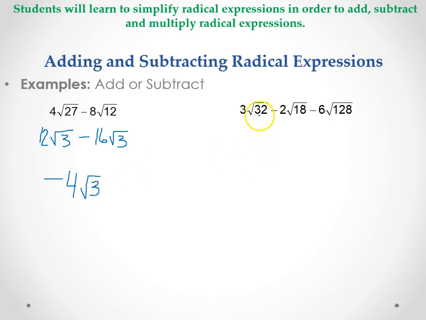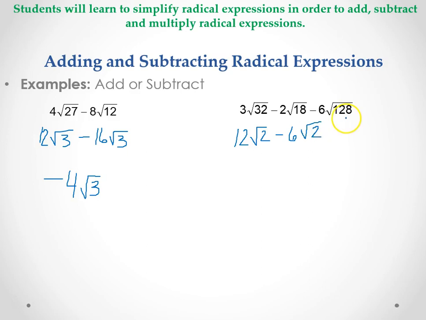The next one, this 32 is the square root of 16 and the square root of 2, so that's 4 times 3, which is 12 square roots of 2. The square root of 18 is 9 times 2. The square root of 9 is 3. 3 times 2 is 6, so we've got a negative 6 square roots of 2.